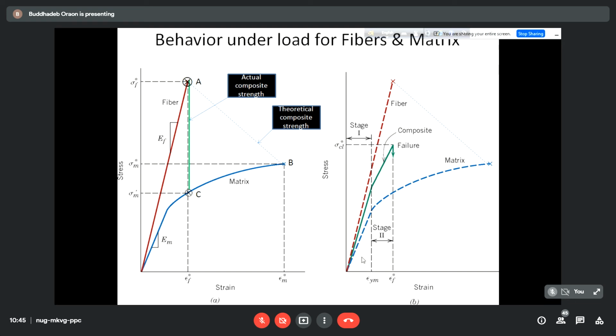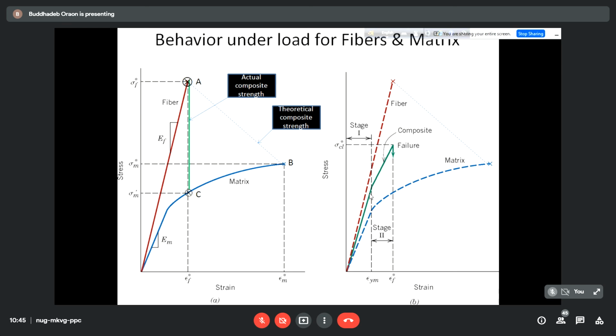There are also other points, like, we can divide this composite failure into two zones. One is called the stage 1 zone, another one is stage 2. In stage 1, initially the load in the matrix is prominent, but in stage 2 fiber takes care of the loading.